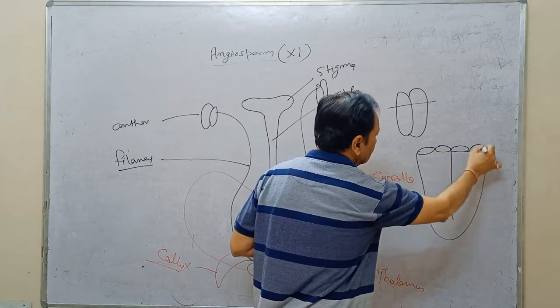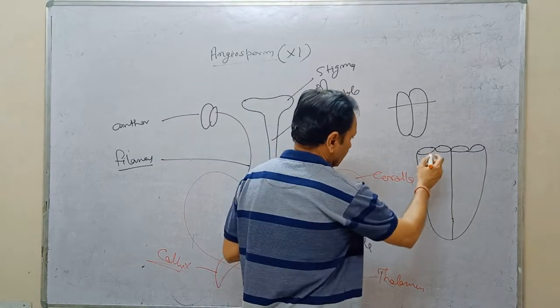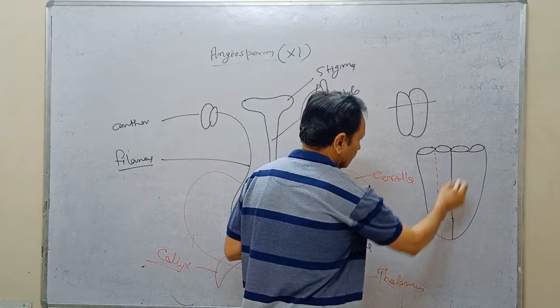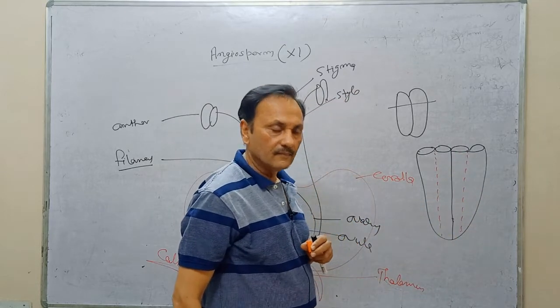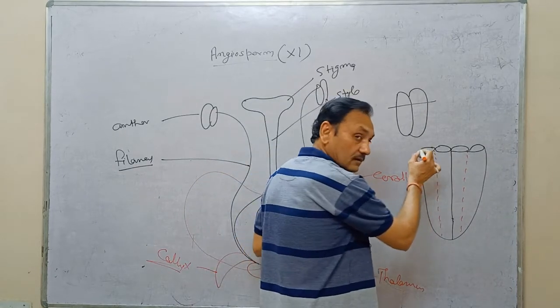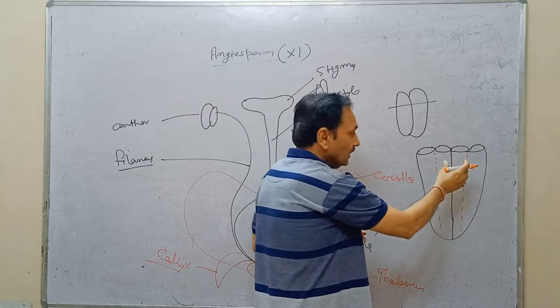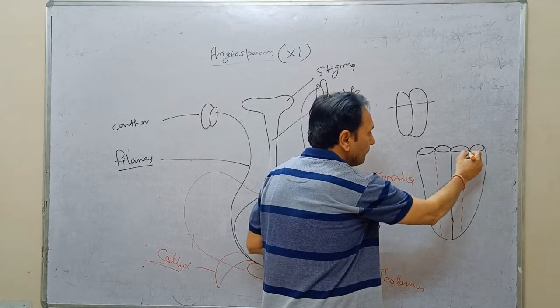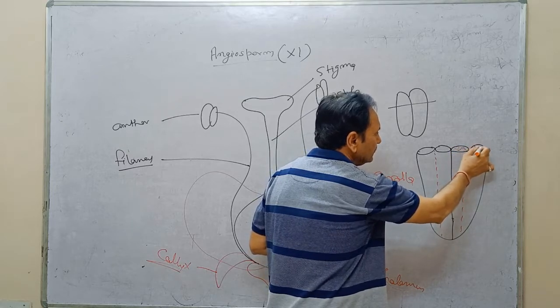This one is the anther lobe, and this is the part where pollen grains are present.